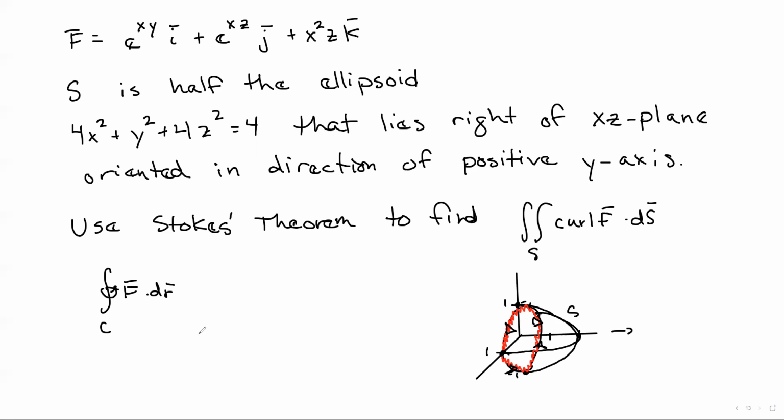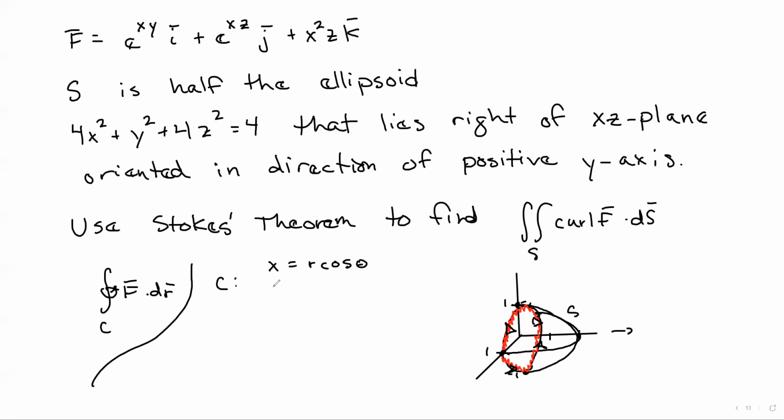So if we're going to parameterize that curve, how do we parameterize this? Well, we need to pick some things. When we've got circles and we're trying to parameterize a circle, we can use polar coordinates. So we get x equals r cosine theta.